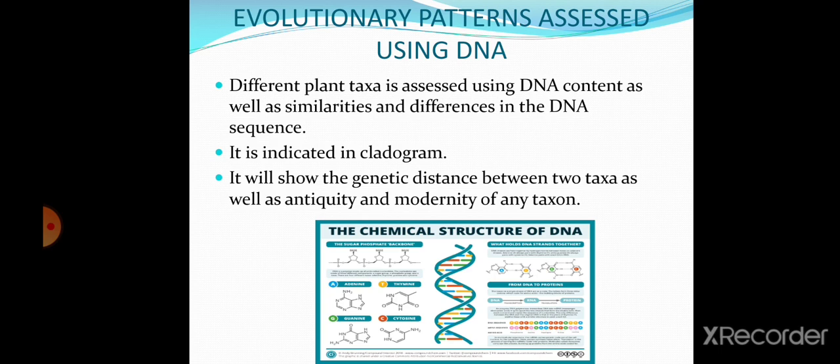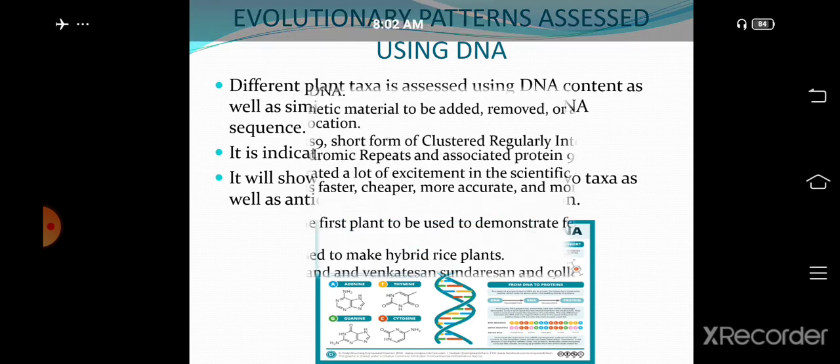Based on such analysis, the taxa and their relationships are indicated in a cladogram. Such a cladogram will show the genetic distance between two taxa. It also shows antiquity or modernity, that is, how ancient or modern any taxon is with respect to one another.